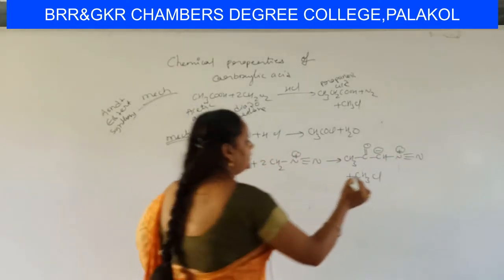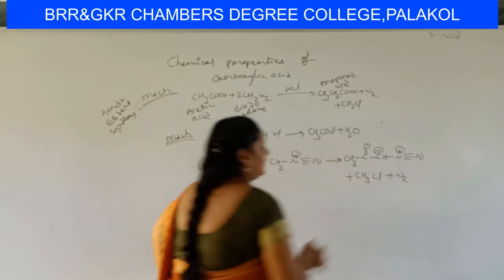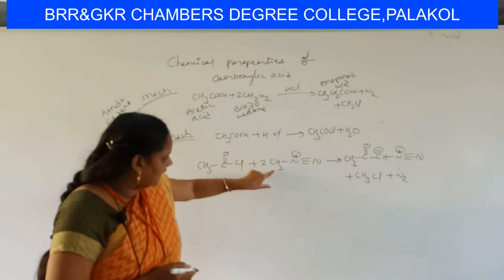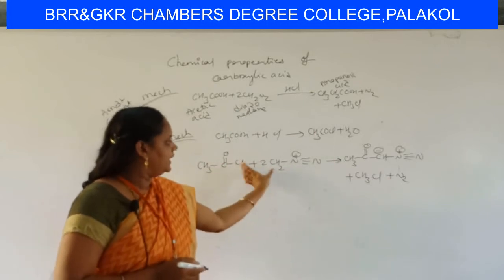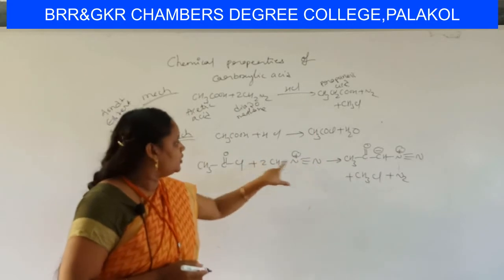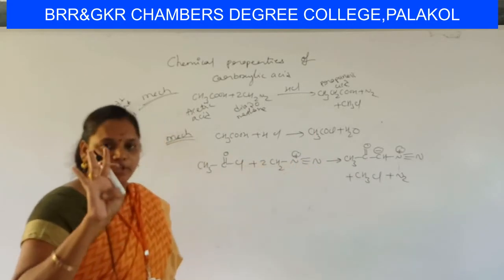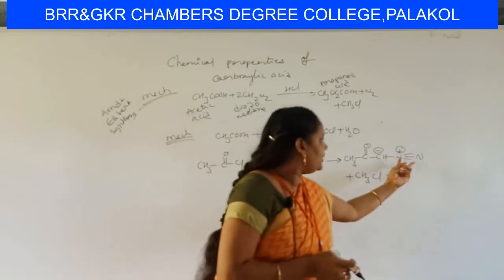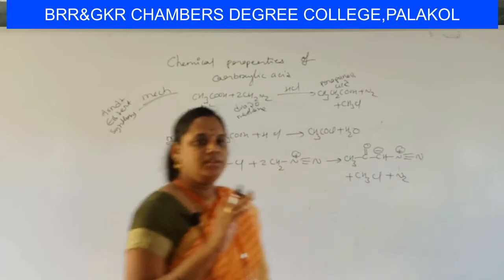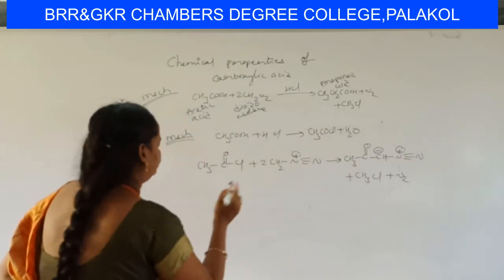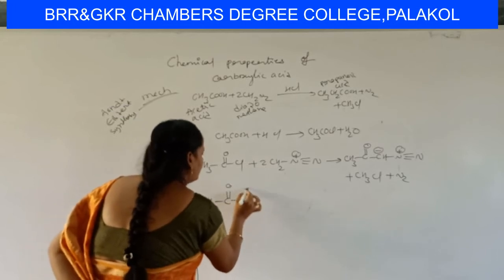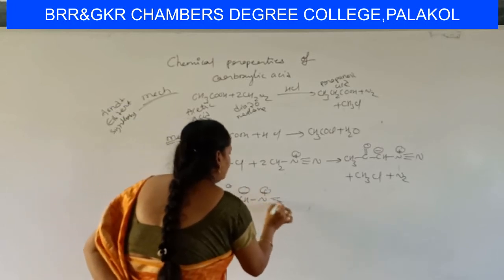So the remaining 2 N's will be left as N2. Understood, students? CH3Cl is going from here. Remaining part is CH-N+≡N. Here 2 moles of N≡N means totally 4 nitrogens. We are attaching only 2 nitrogens. The remaining 2 nitrogens are left as nitrogen gas. Next, we got the intermediate CH3-C(=O)-CH-N+≡N.